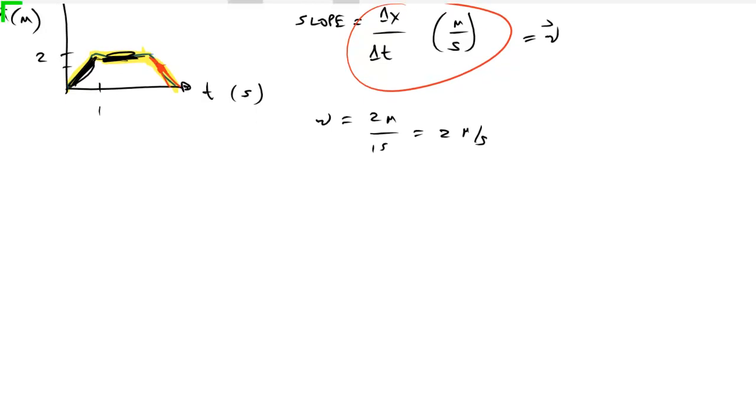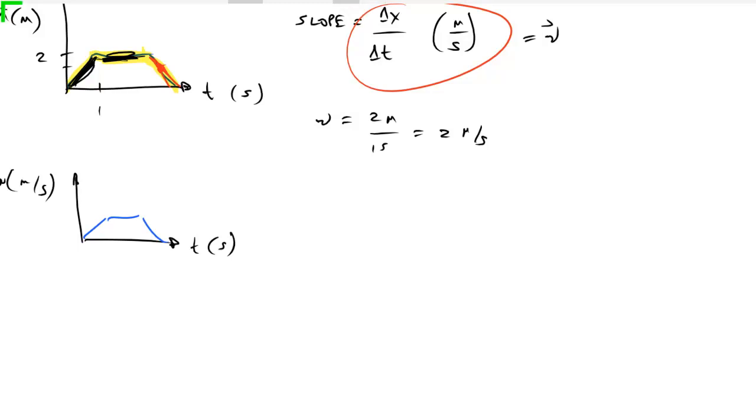Now let's look at a velocity versus time graph. So if we plot velocity on the vertical axis, so here's velocity in meters per second, and this is time in seconds, and we'll just say that we have something very similar here.